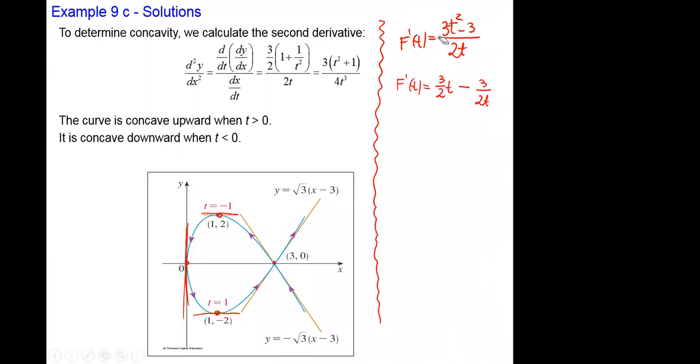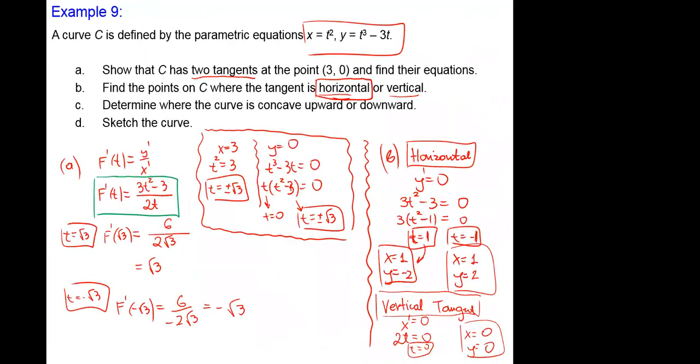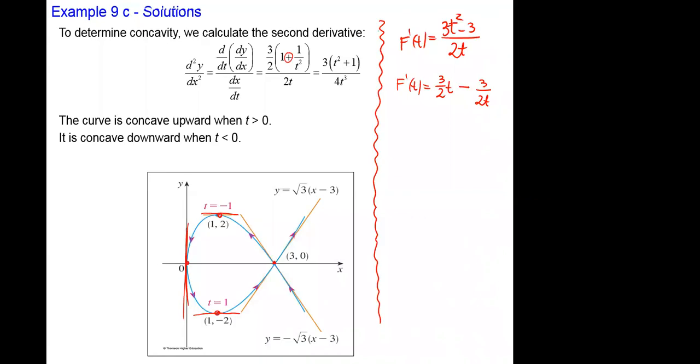Am I right? Why do I have addition here? No, hang on. What is the first derivative? 3t squared minus 3 over 2t. That's my first derivative.